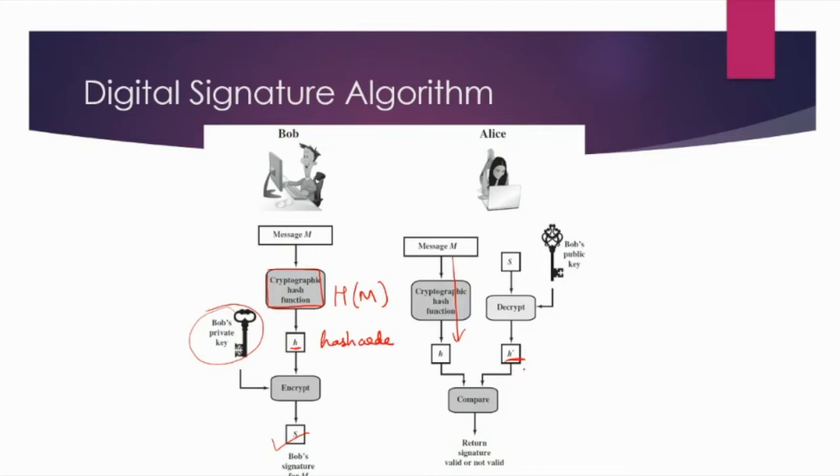H dash is the hash value sent from the sender's end, and H is the value computed at the receiver end. If these two values match, the algorithm returns that the signature is valid. Otherwise, the algorithm returns that the signature is not valid. So this is a basic digital signature algorithm.